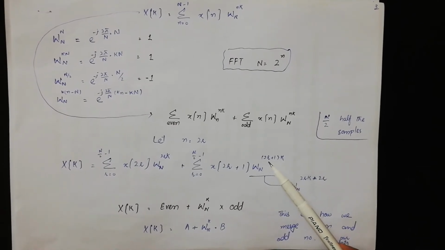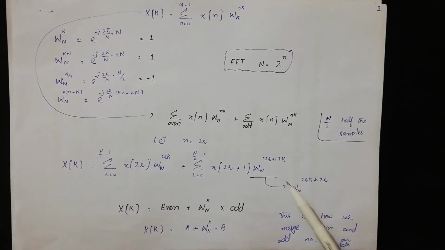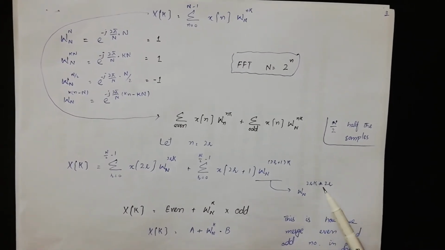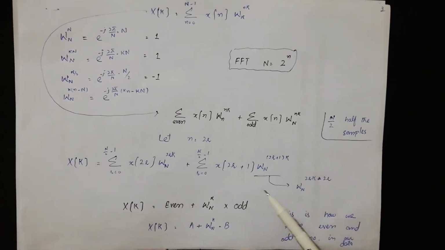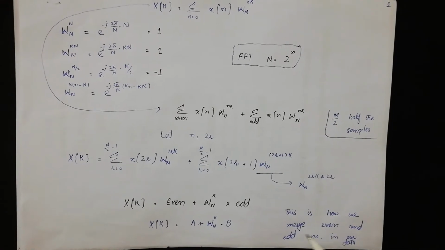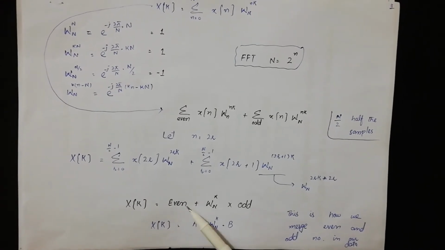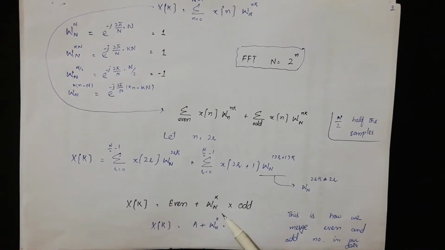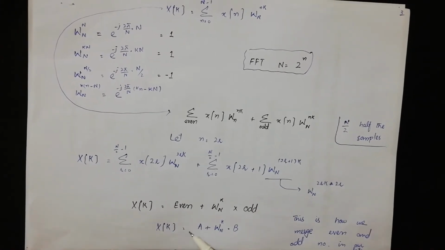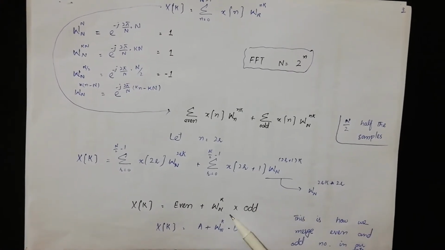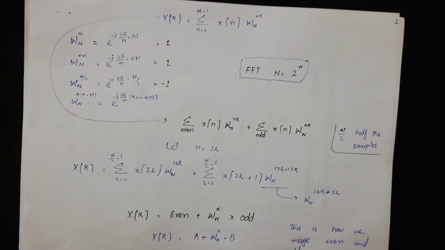If we multiply 2r into k and plus 1 into k, this term is without r, so we take it outside of the formula. This is how we merge even and odd parts of our data: even values plus omega N per k multiplied by odd values. So the finalized formula is X of k equals A plus omega N per k into B.